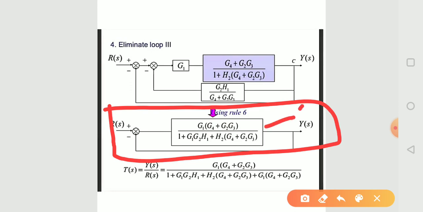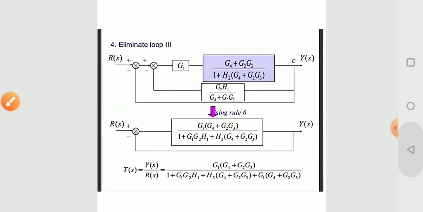After that we can see here there is also a loop. This is the gain of the loop and this is the feedback for the loop. Here there is no feedback value. If there is no feedback value, we put H equal to 1. If there is some value, we need to put that value.